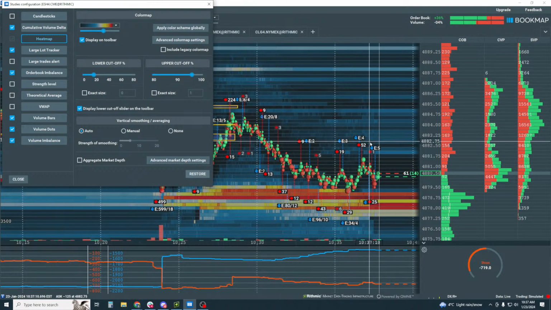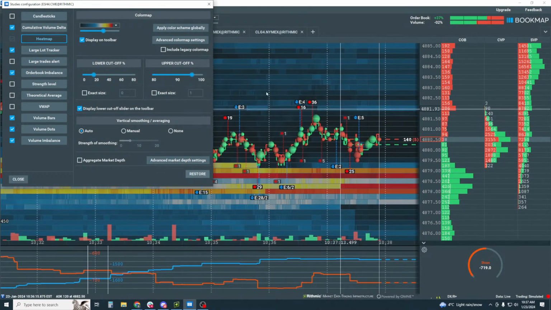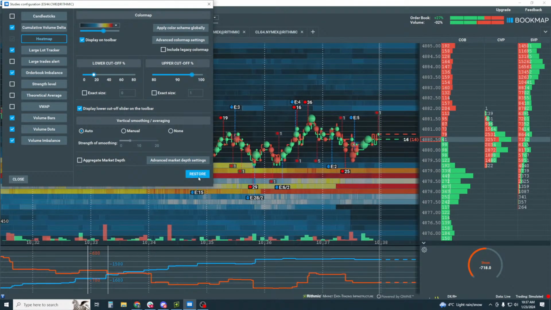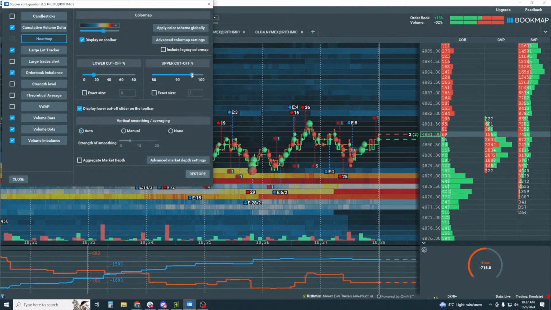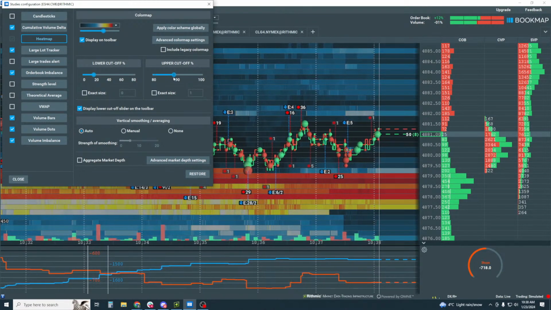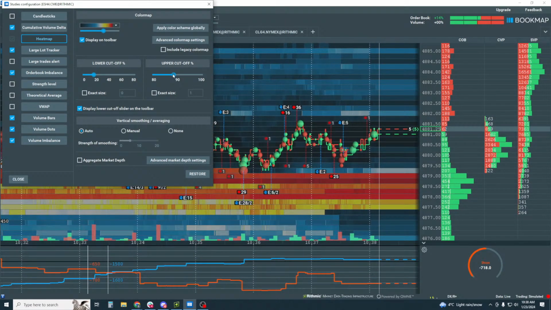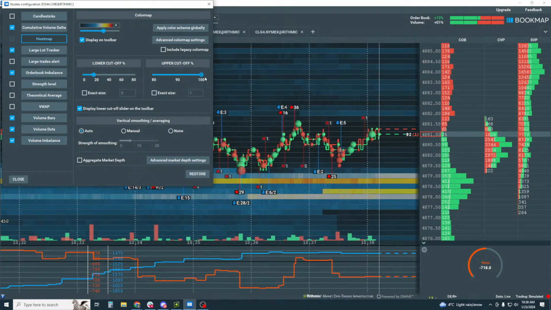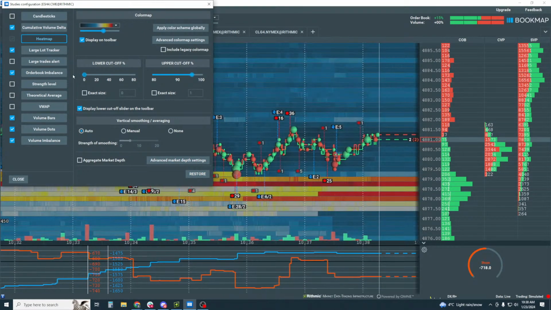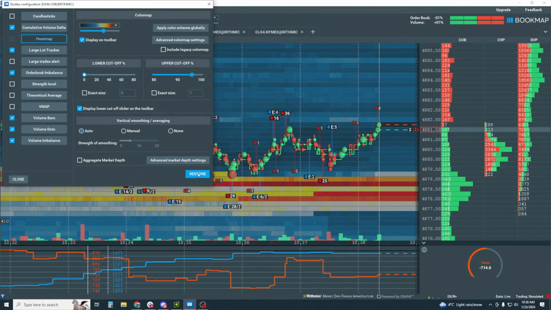You'll see the book get skewed in here, and you can view that better by playing around with the default settings. If you bring down your upper cutoff on the heat map, you'll start to see it a little bit better. Also the lower cutoff, you'd have to bring that down. You can see this a little bit better now.